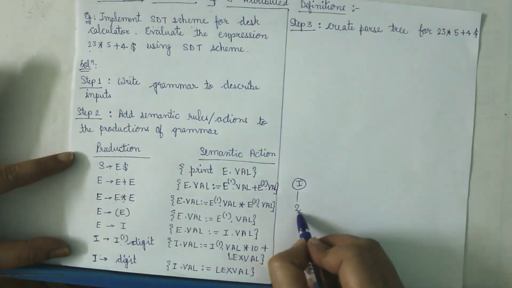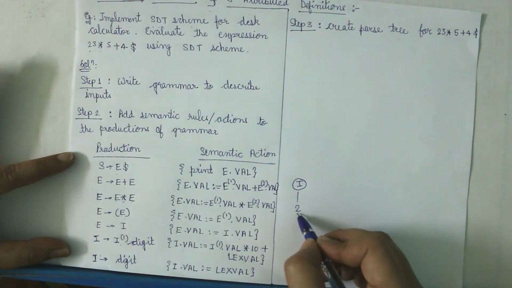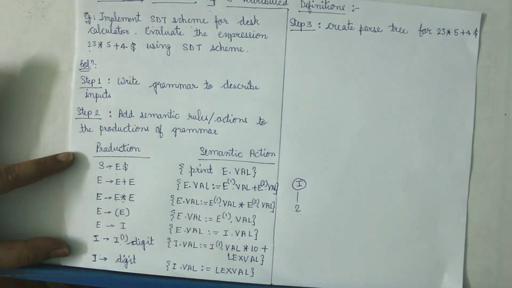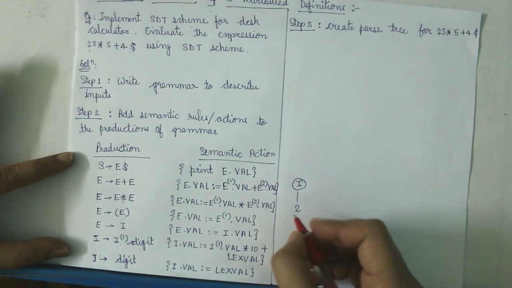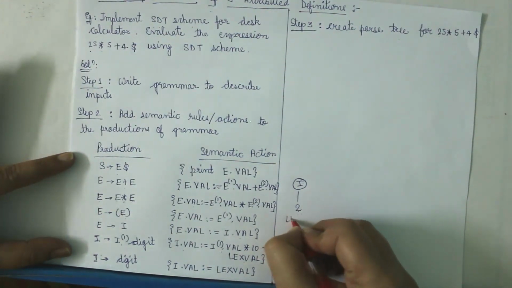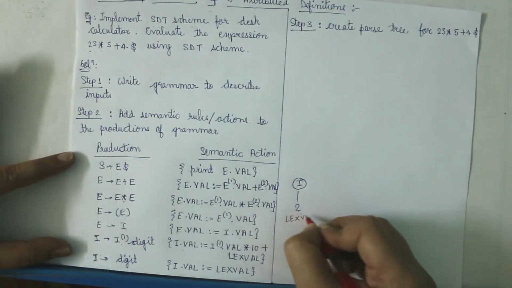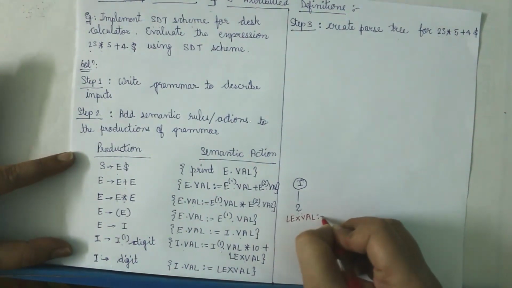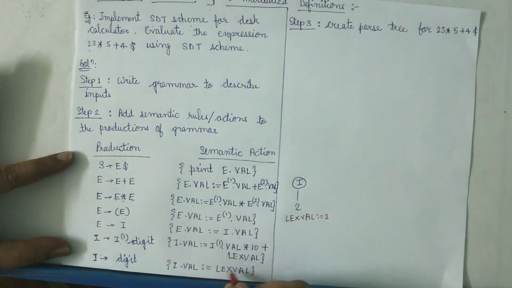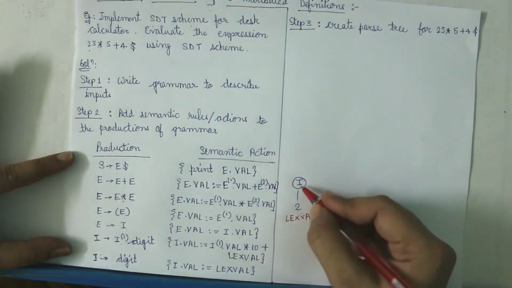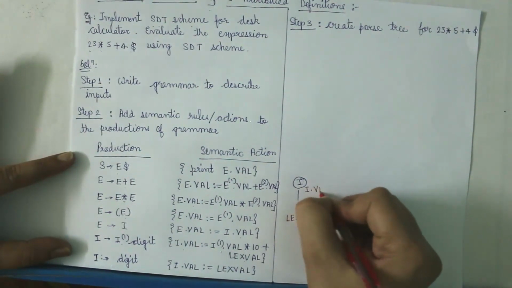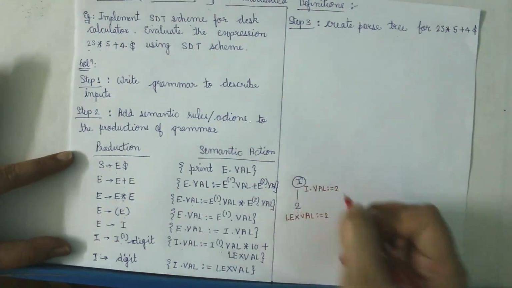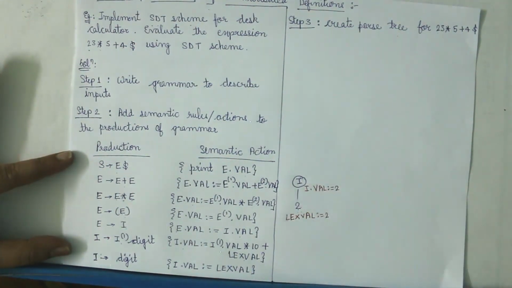So what is lexval? 2 itself is the value of the digit, so we call it lexval. So we will store that in I. So lexval with 2 is 2, and this lexval is stored in I.val when digit becomes I. So here we get an I.val which is 2, right? So we got this 2 here.